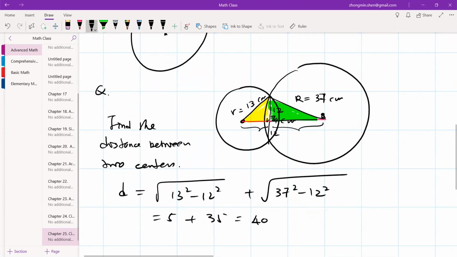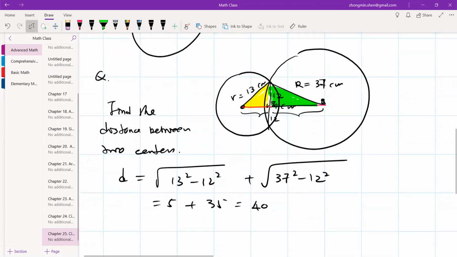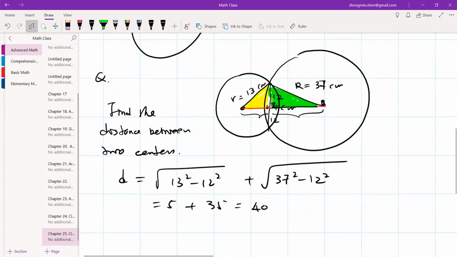So the answer is 40. When you see 37 and 12, if you memorize a few special right triangles with integer lengths, then you should know this side will be 35, because this is a special right triangle.